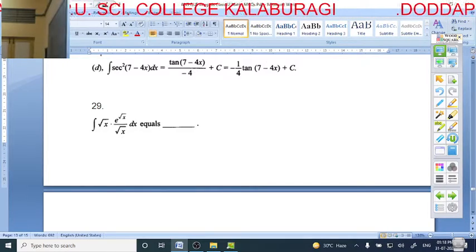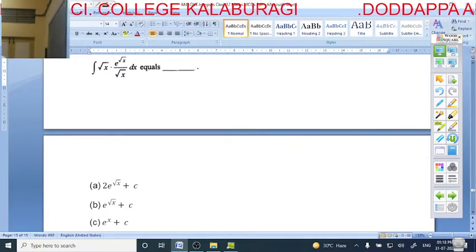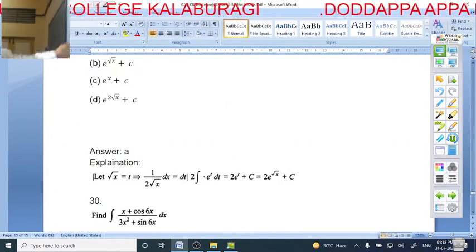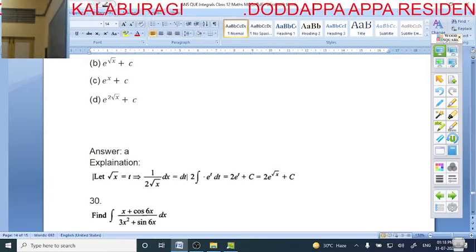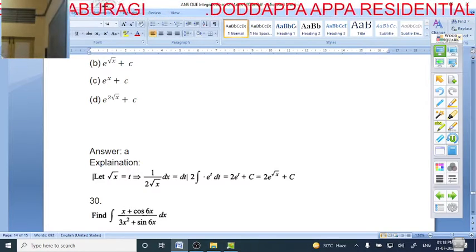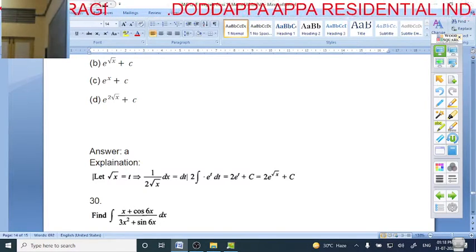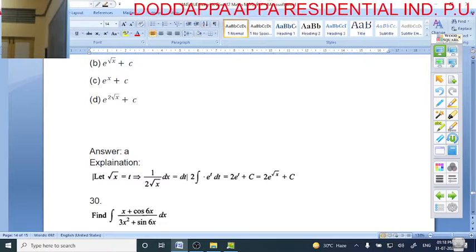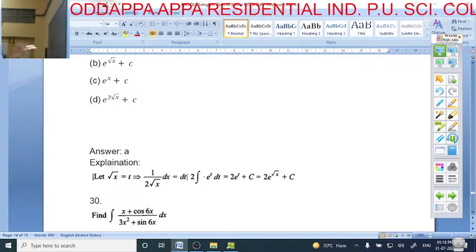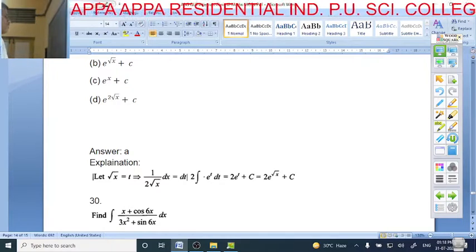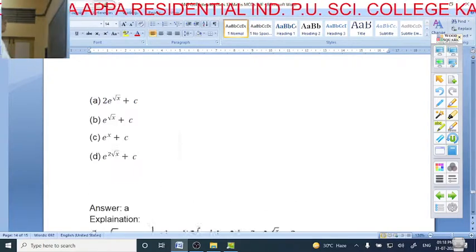Substitute root x is equal to t, 1 divided by root x dx, 2 times e to the power t dt. So integration of e to the power t is e to the power t, which is equal to 2 times e to the power root x plus c.